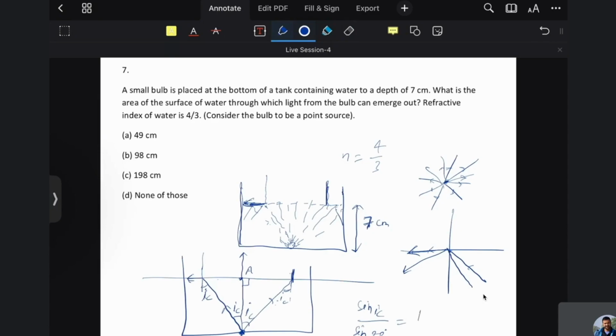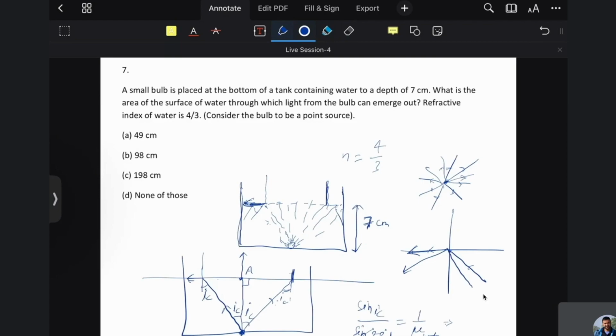We'll have 1 by mu, because air has refractive index 1, so we have the refractive index of water only.